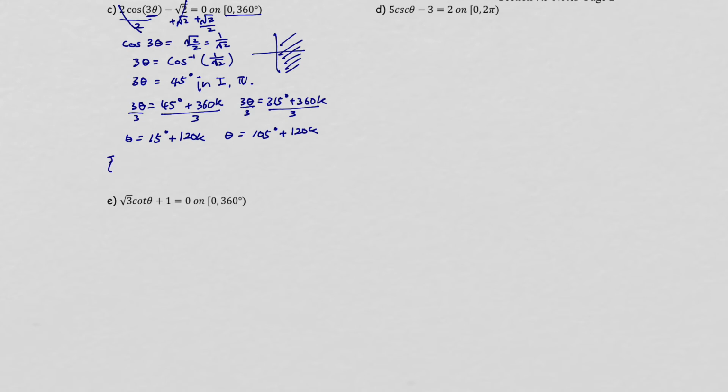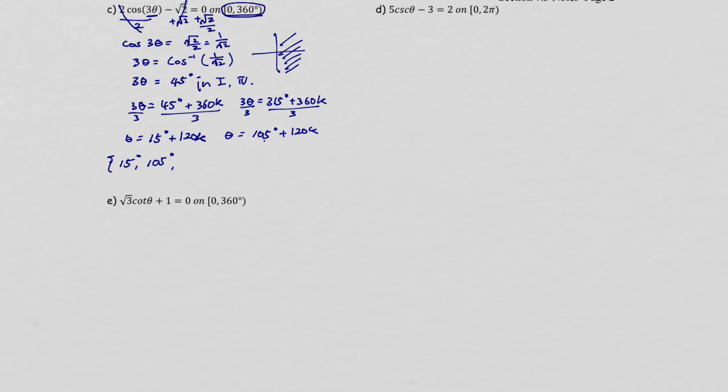Let's figure out how many angles you can find with these 2 equations within 1 unit circle. So the first one will be 15 when k is 0. Second one will be 105 when k is 0. And this is all degrees.